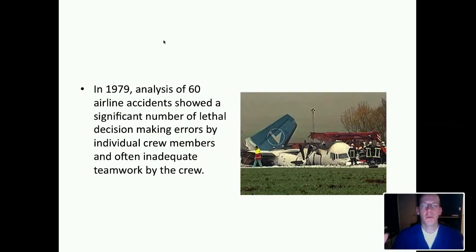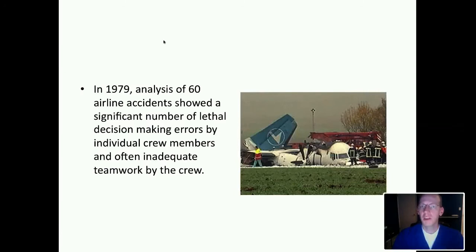So how did we come up with the idea of crisis resource management in healthcare? Well, we actually borrowed it from the aviation industry because they started it back in the 70s. And the reason they started it was simply the FAA discovered that a significant number of airline accidents occurring in the 70s were directly related to pilot error because the crews could not work together as a team.